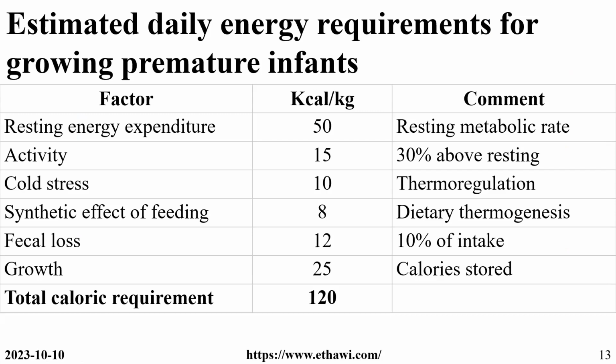Now, we try our best to give the calories, but sometimes it's not possible because of limitation of the fluid. Because remember, we cannot give more than 1 kilocal per 1 ml. So the target calories is about 50 kilocalories for a baby who's just resting, the basal metabolic rate. You need 50 kilocalories. Otherwise, you won't be able to survive.